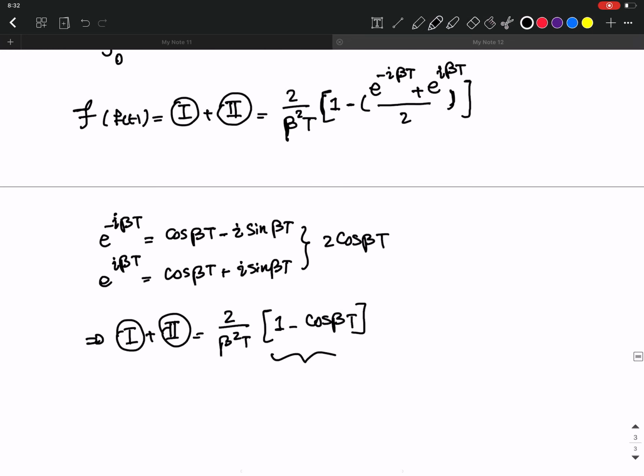And you can write 1 minus cosine beta t using some trigonometric relations as 2 sine square beta t over 2, right? And so this is going to be 4 sine square beta t over 2 over beta square t.